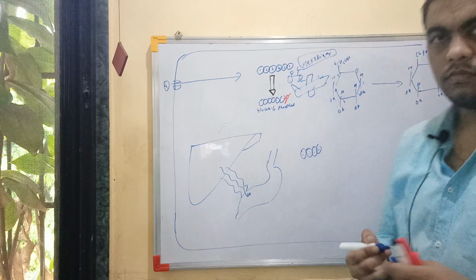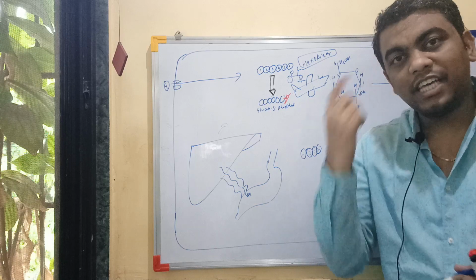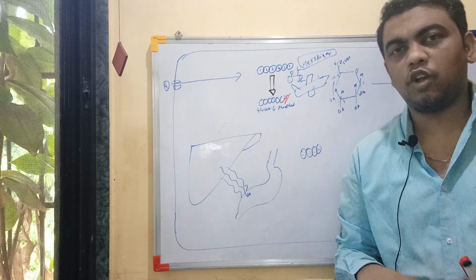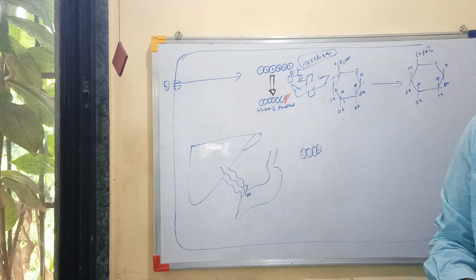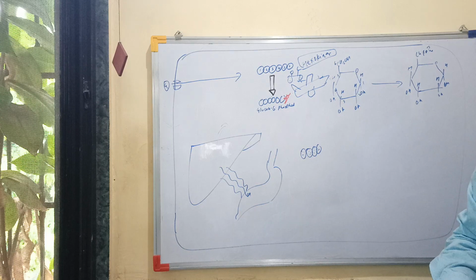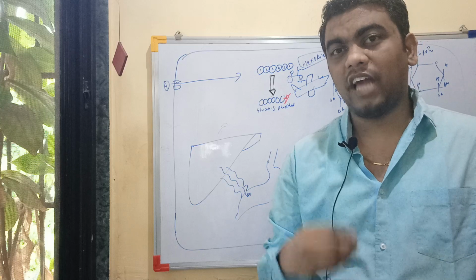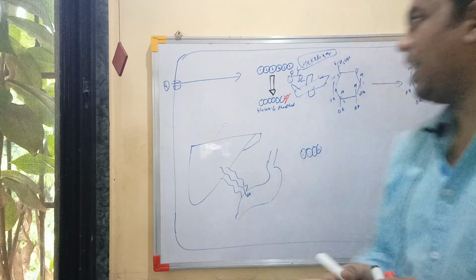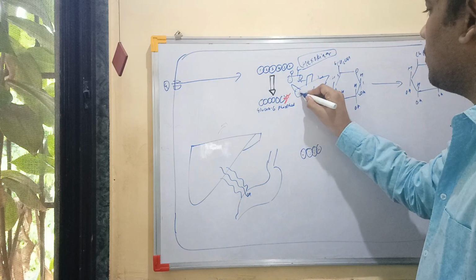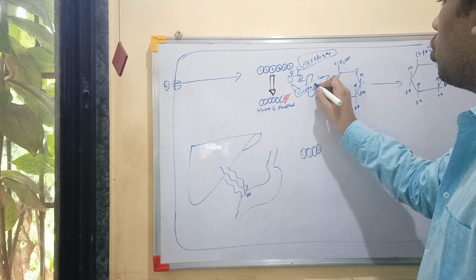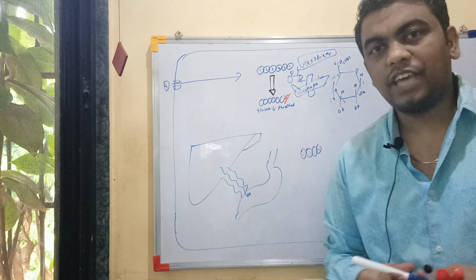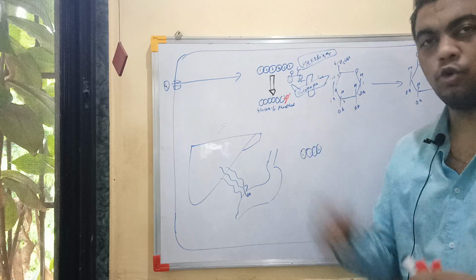Hexokinase. Okay, and one of the isoenzymes of hexokinase is glucokinase. Glucokinase. So we have hexokinase and we have glucokinase.